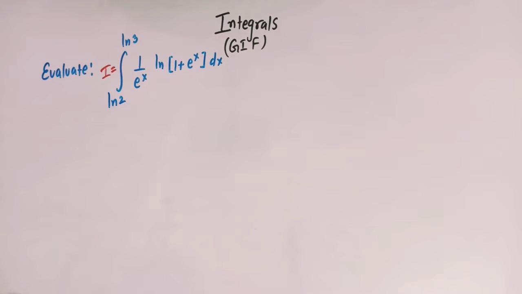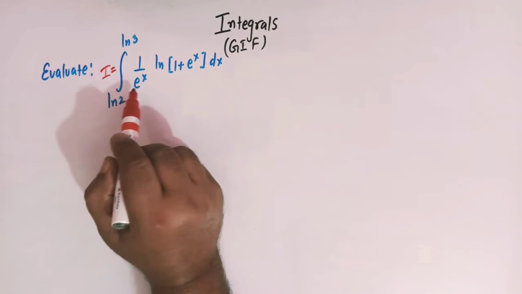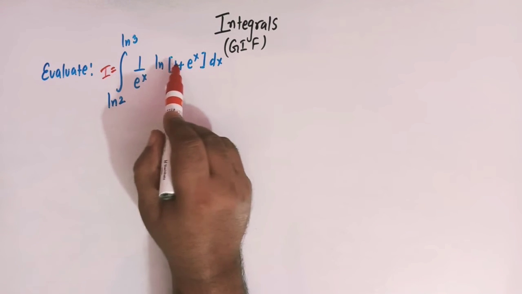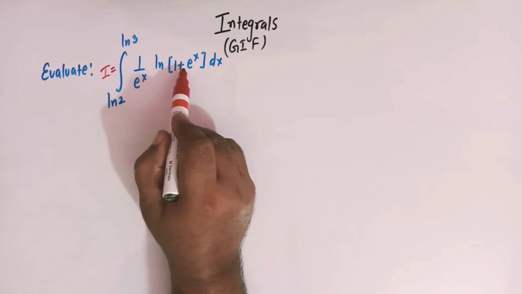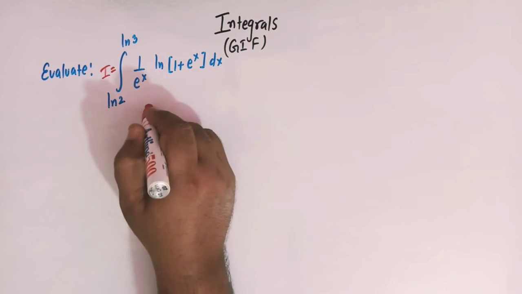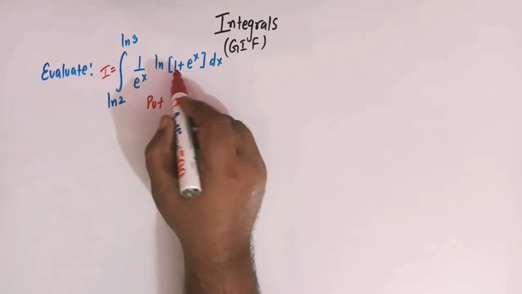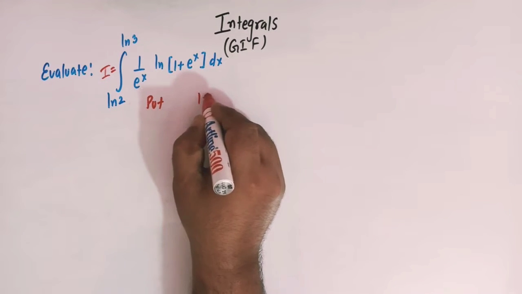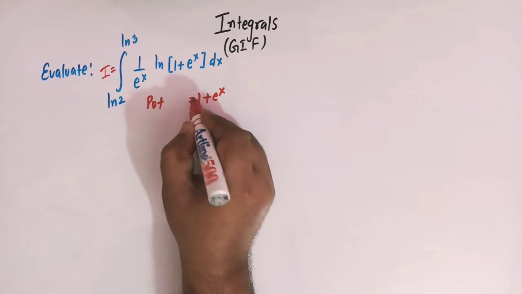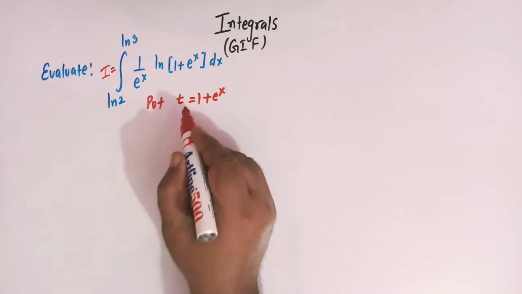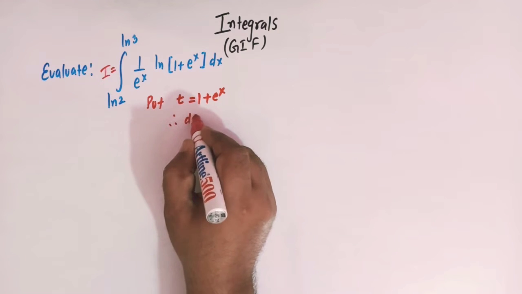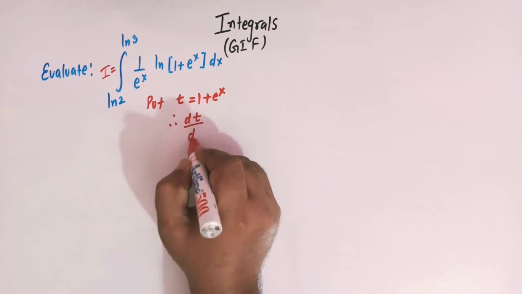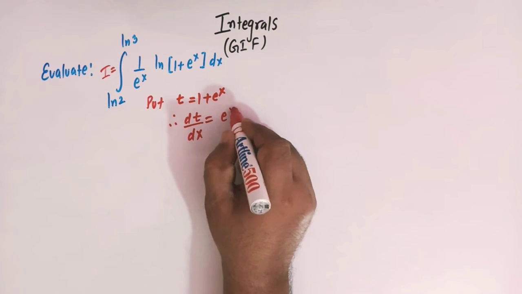Here we'll adopt the method of substitution, and we have the greatest integer function inside this natural log. So we'll take the expression 1 plus e raised to x as t. So t is equal to 1 plus e raised to x, therefore dt over dx is equal to e raised to x.